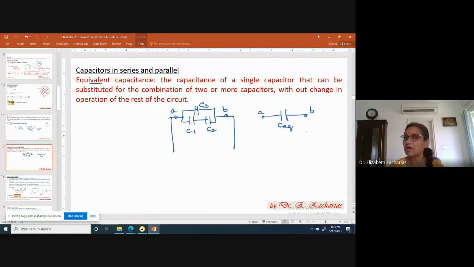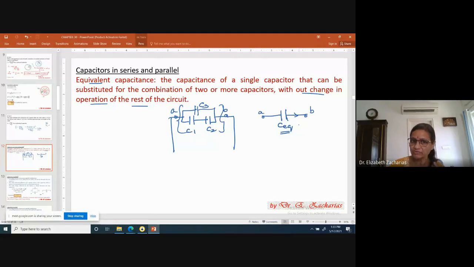The rest of the circuit means I may be talking about the current, I may be talking about the voltage. The rest of the circuit should behave in exactly the same fashion, or there should be no change in the operation of the rest of the circuit. The rest of the circuit should not be able to realize that you have substituted three capacitors here with a single capacitor.